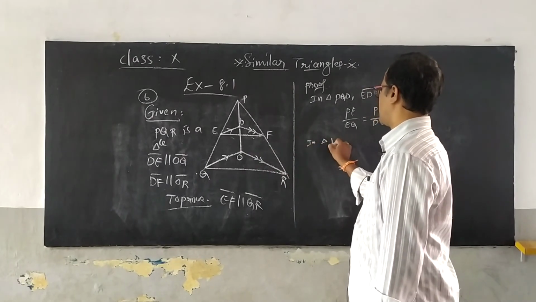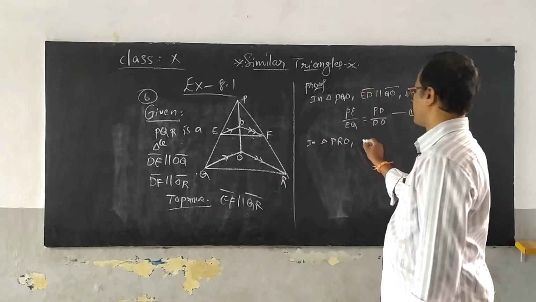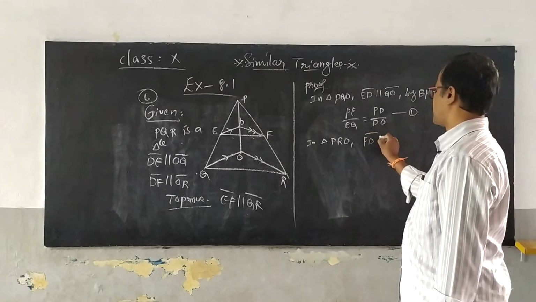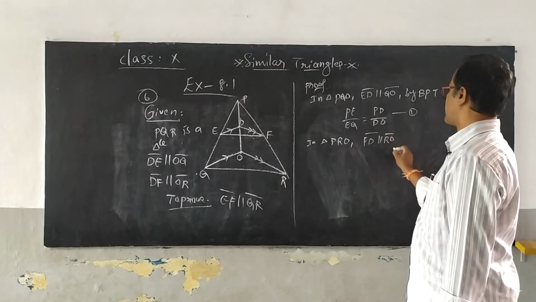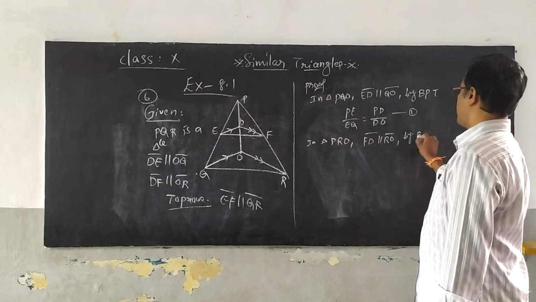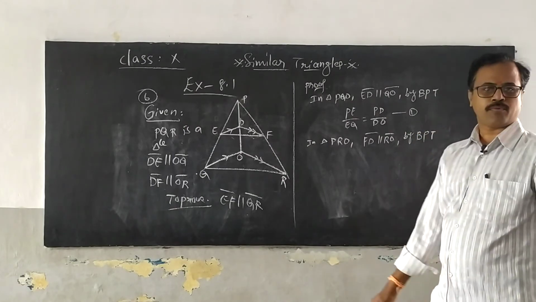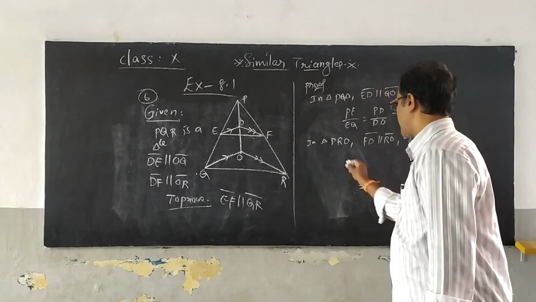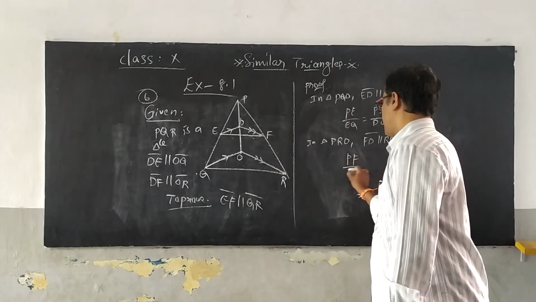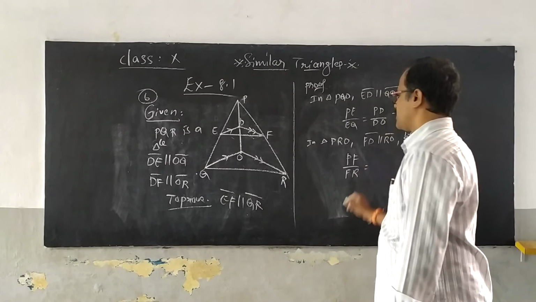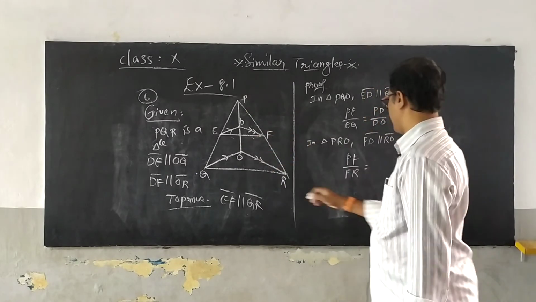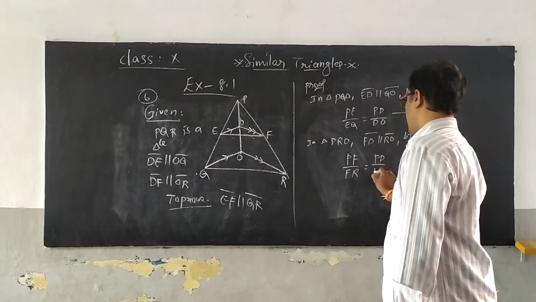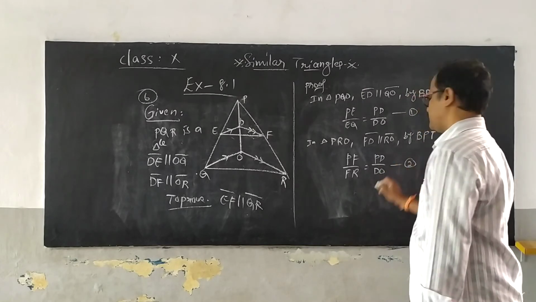In triangle PRO, FD line segment parallel to RO line segment, and by BPT, by basic proportionality theorem, what can you say? PF by FR is equal to PD by DO. This is 2.